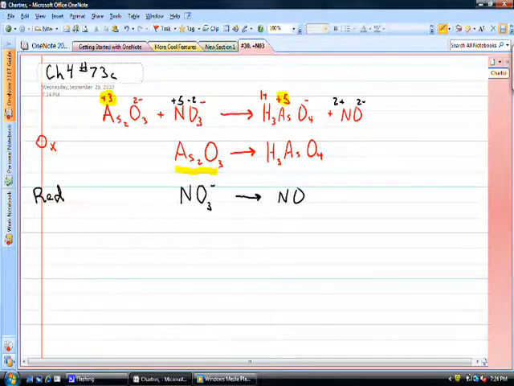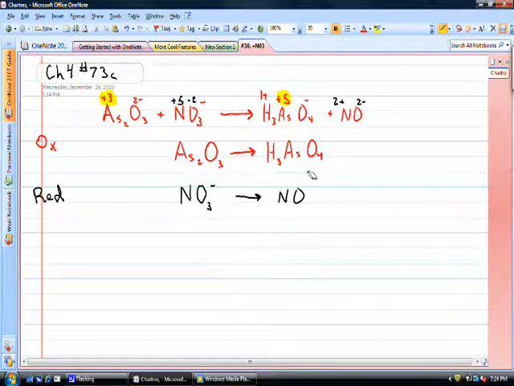to +5. Remember, oxidation is loss of electrons, loss of negative charges. So I've written here the species in which oxidation occurred, and then just below that we've written the species in which reduction occurred, where the oxidation state went from a +5 for nitrogen to a +2 for nitrogen.